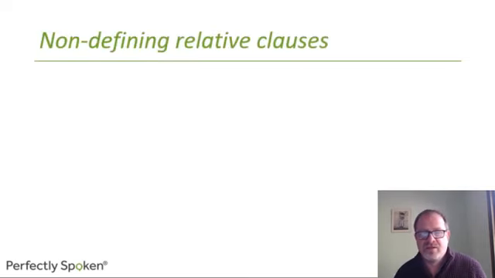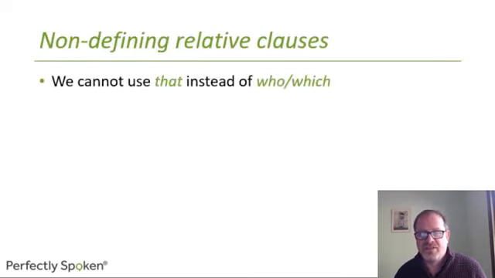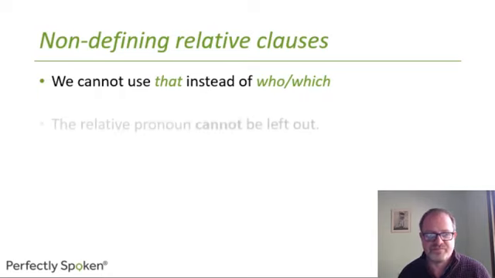Okay, some more points to make. Remember, with defining relative clauses, we can replace who or which with that. And especially in spoken English, we use that a lot. But in non-defining relative clauses, it's not possible. We cannot use that.